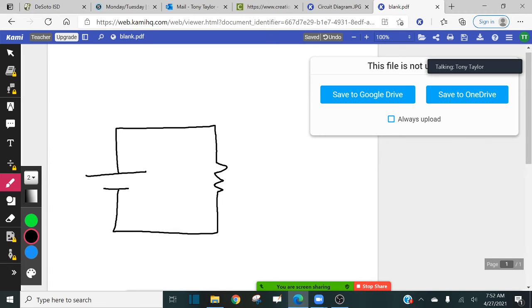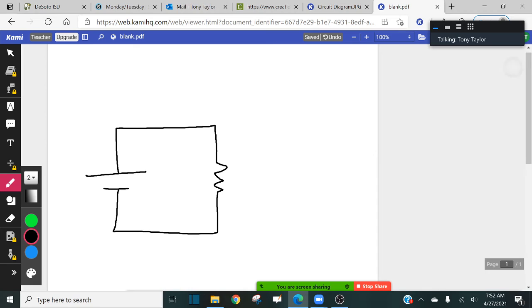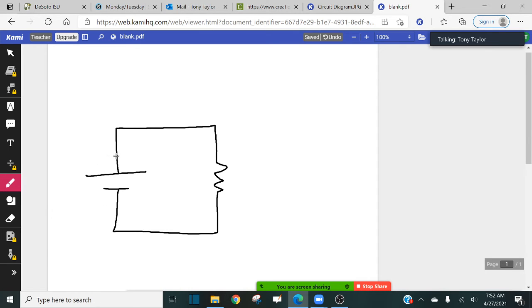Sometimes you can see a circuit diagram like this in a textbook. These two lines right here represent the location of our battery in the circuit. Typically, the longer line represents the positive end, and the shorter line represents the negative end.